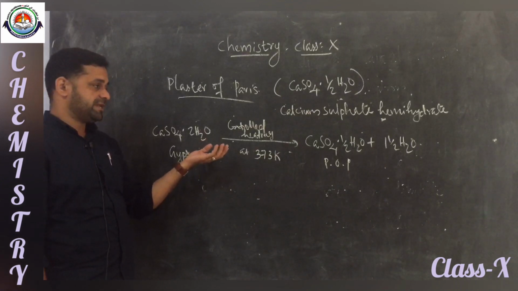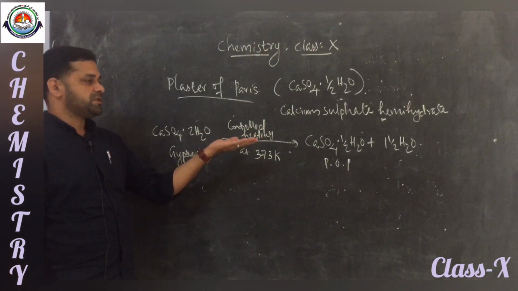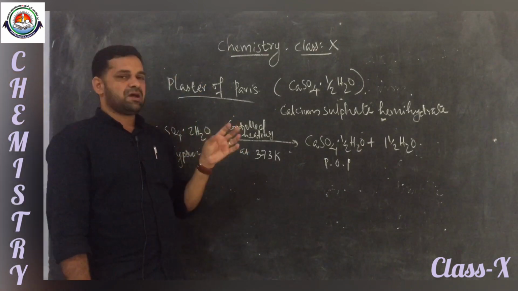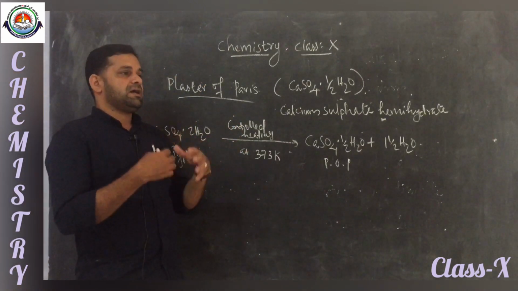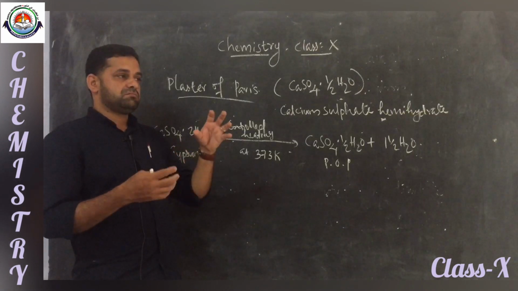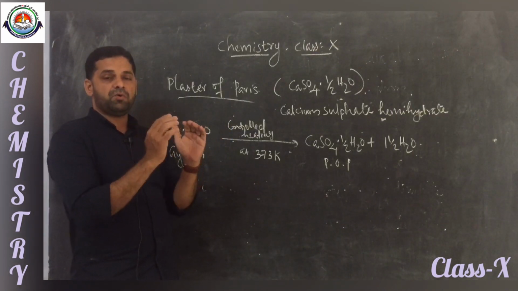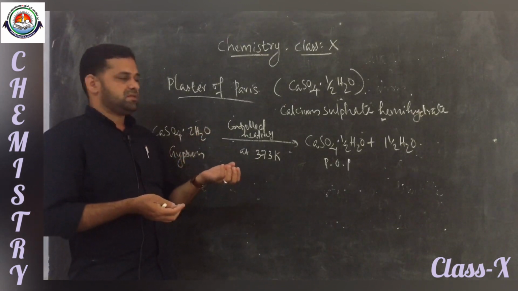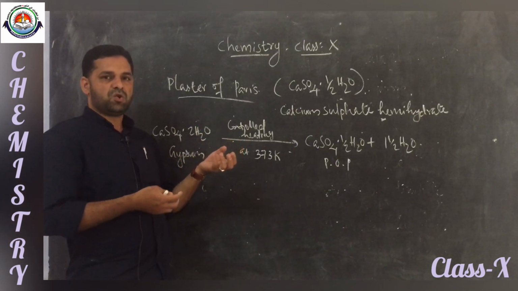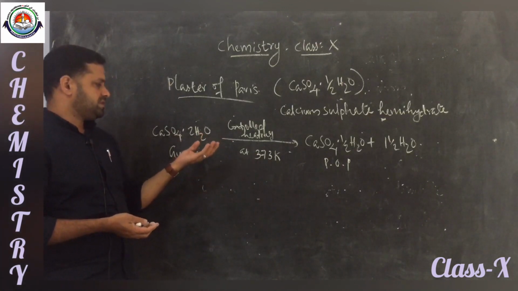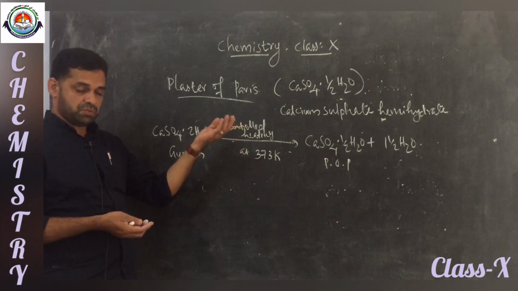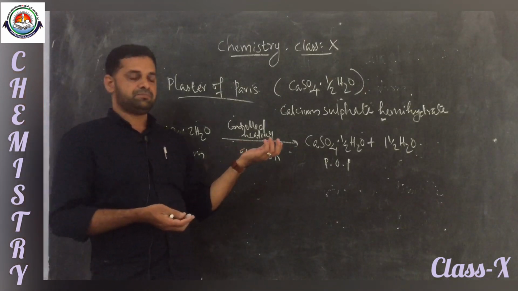When we expose plaster of Paris to the atmosphere, it readily absorbs moisture from the surroundings, and they become what? They become a hard body which cannot be remolded. It becomes set, that is, it undergoes setting. So it is highly sensitive to moisture in the atmosphere.